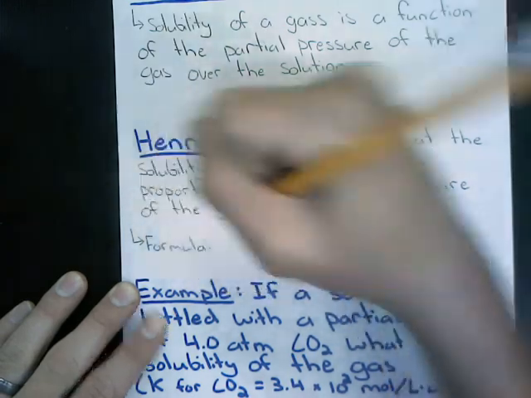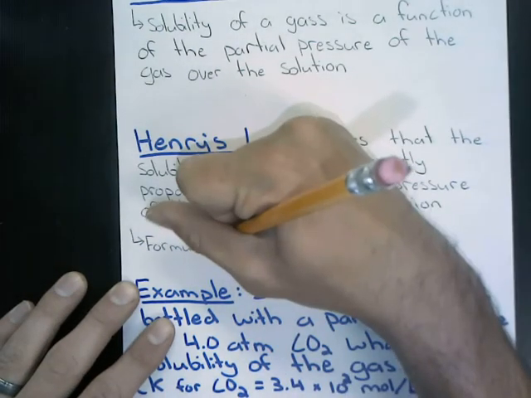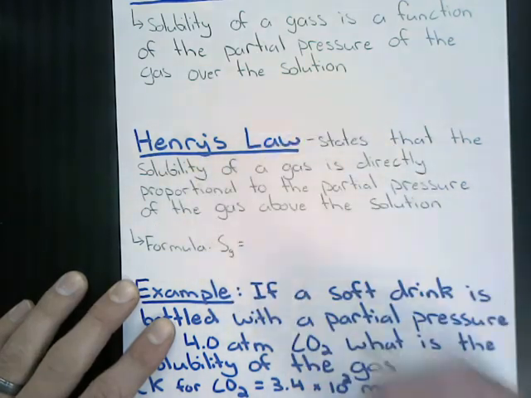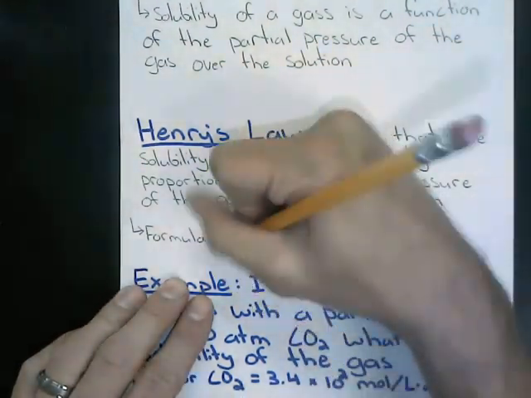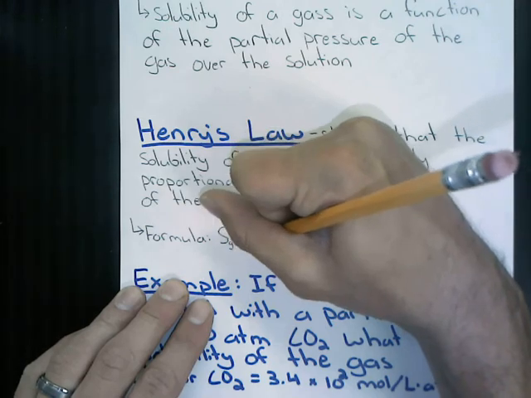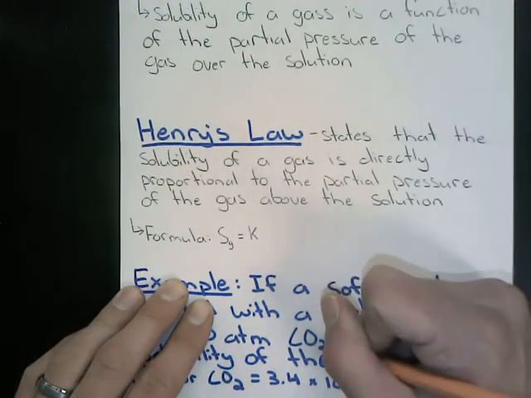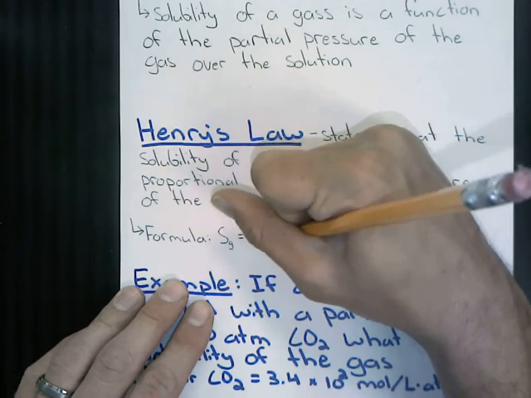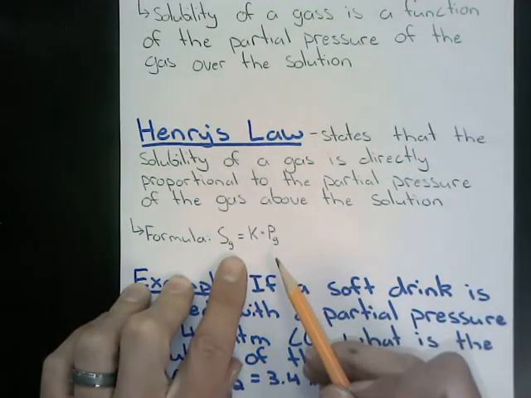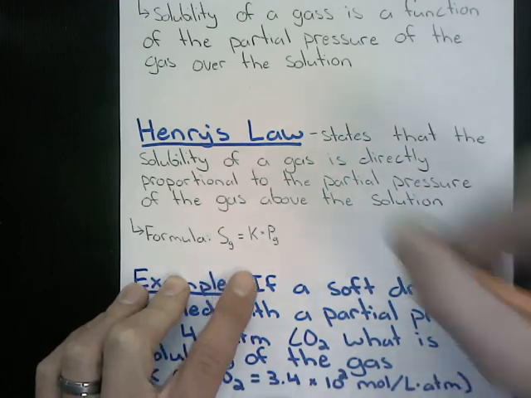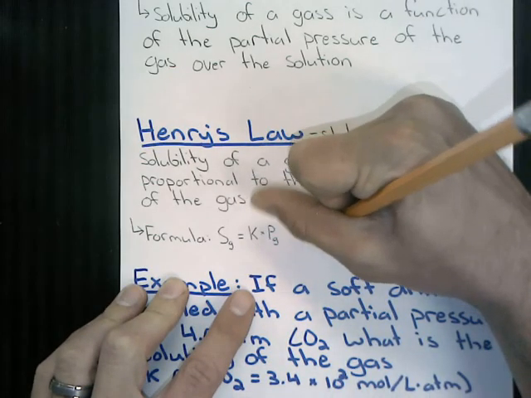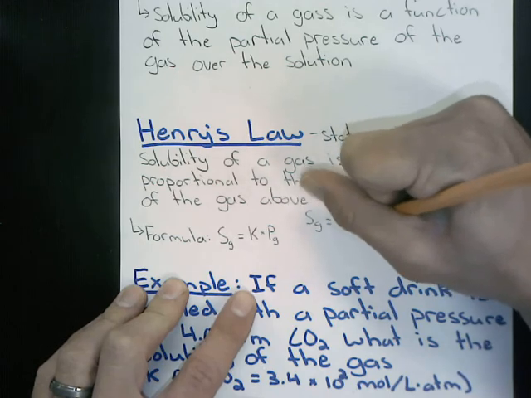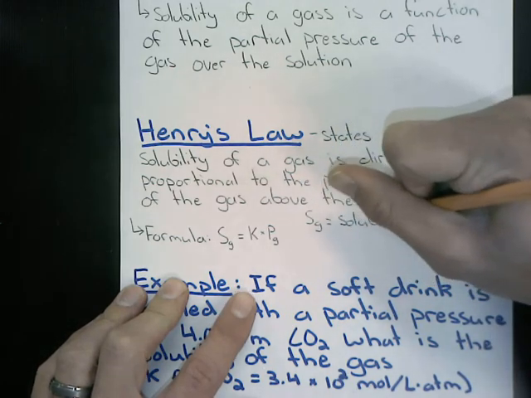And so the formula here is that the solubility of the gas is equal to this Henry's law constant we call K times the pressure of the gas. And that little g just stands for gas. So again, the solubility of the gas is labeled as S little g.